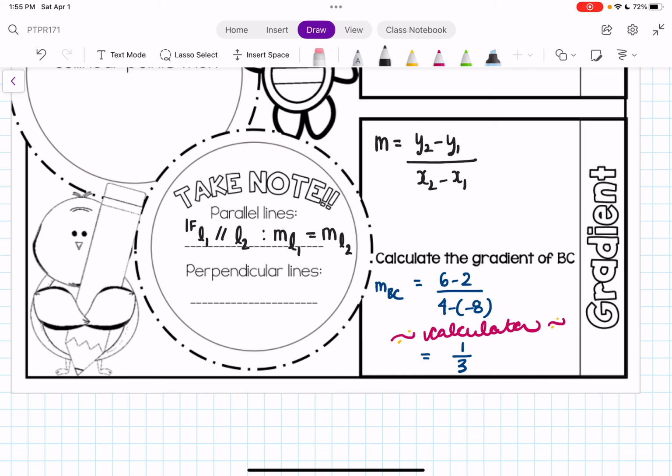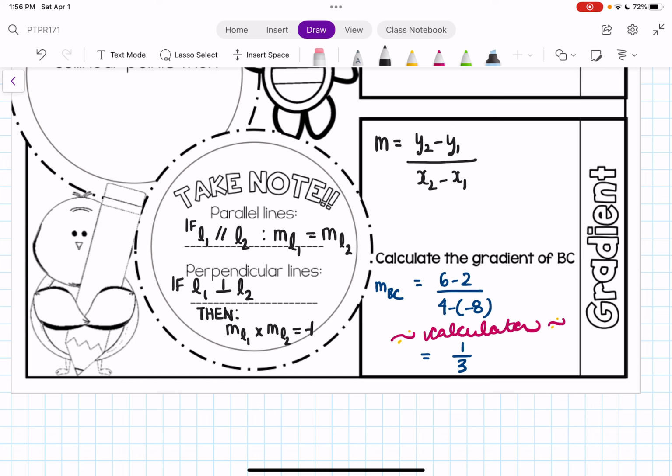Perpendicular lines. So if line 1 is perpendicular to line 2, then their gradients will multiply to negative 1. Another way of thinking about this is that their gradients are negative inverses, but usually the multiplication to negative 1 is the easiest one for students to use, okay?